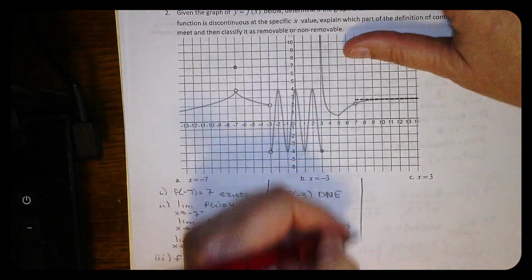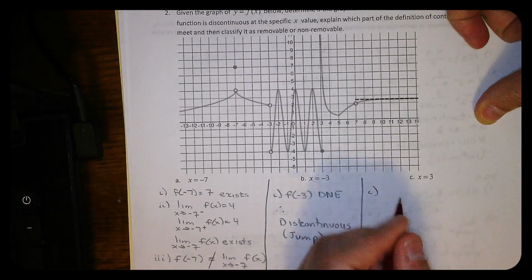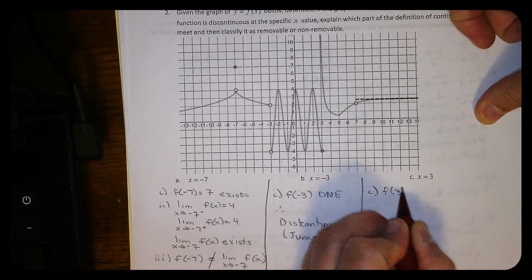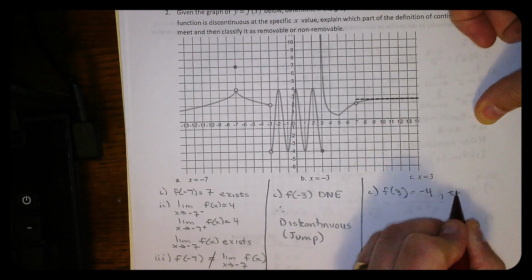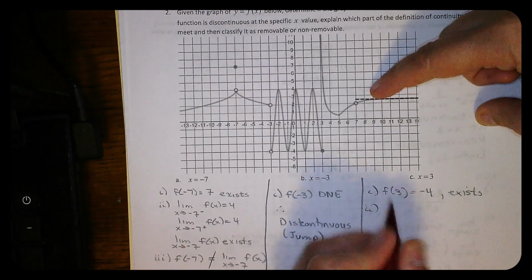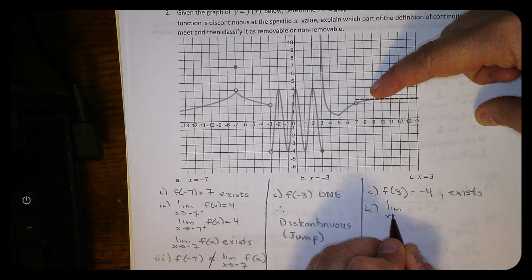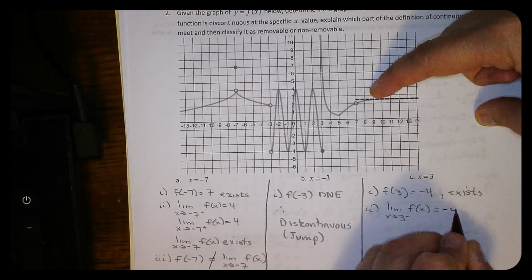And then the last one, at x equals 3, which is right here. Let's do the test. So f of 3, does it exist? Yes, it does. It is negative 4. Okay, does the limit exist? Well, the limit as x approaches 3 from the left is headed towards negative 4.